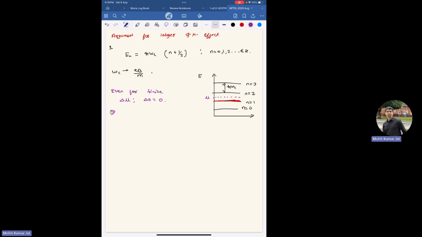This implies that delta n by delta mu is 0, and this tells us kappa goes to 0. So it means quantum Hall states are incompressible.